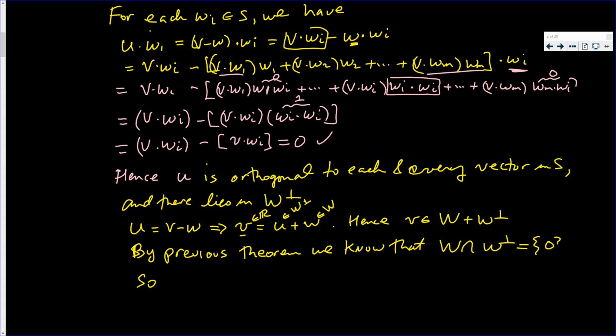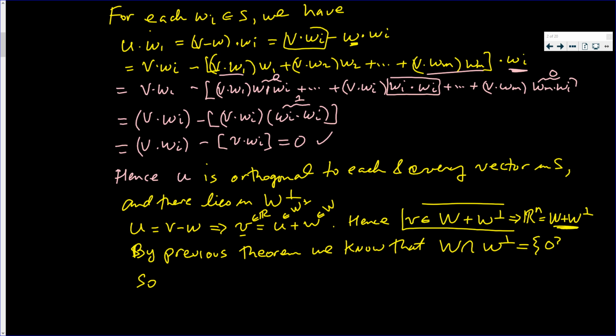So we have an arbitrary v in here. That means that Rn is a subset of W plus W perpendicular.